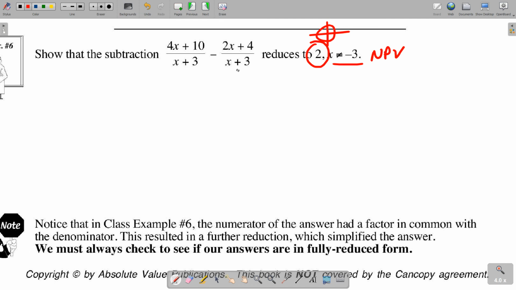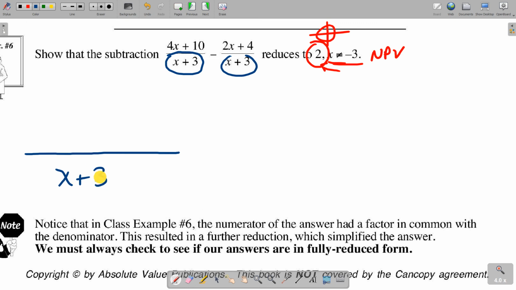Probably. It's pretty obvious. Now, got to get it to work to 2. Oh boy. This is going to involve a little bit more work. Same denominator first. That's a nice beginning. So, therefore, it appears that we can proceed by writing everything as x plus 3. Indeed, we can. So we will start gathering like terms. We have 4x.